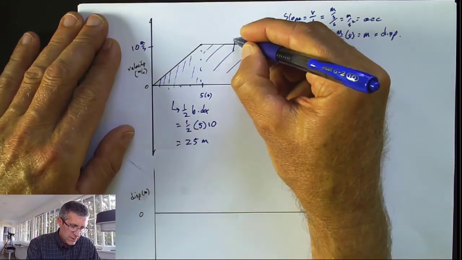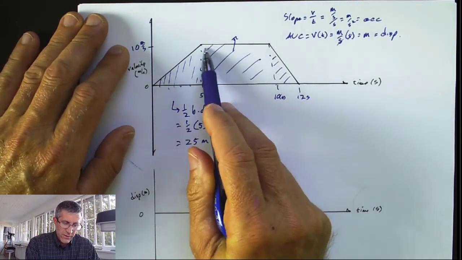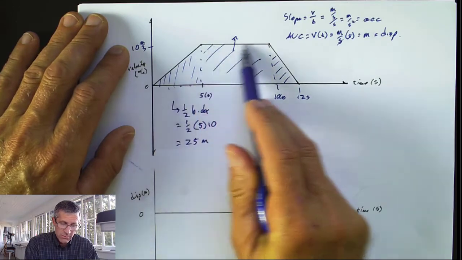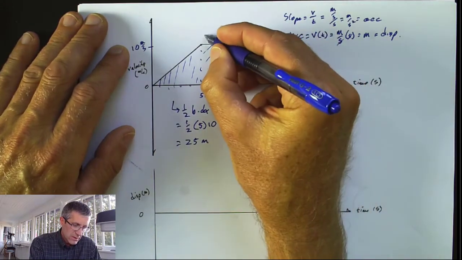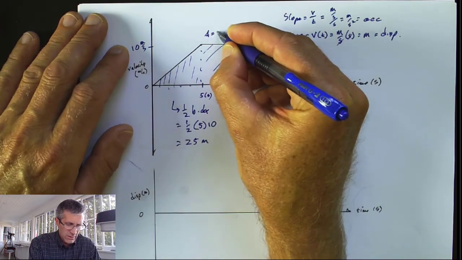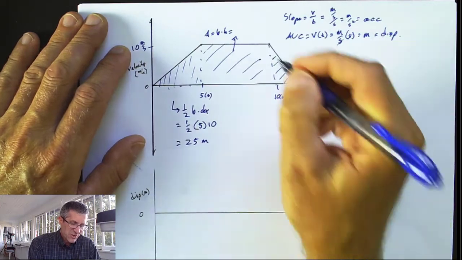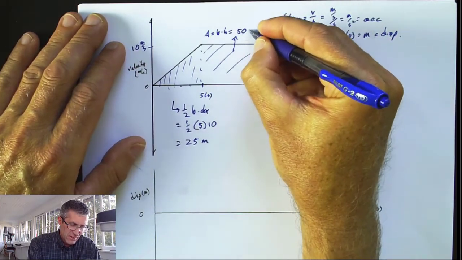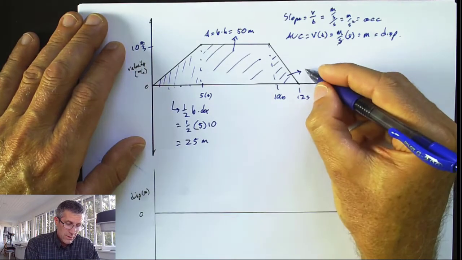In this section here, I want to find the area under this curve. So this is going to be my 10 meters per second times the 5 seconds that I was there. So my area is going to be base times height. Let's call this 5 times 10. It's going to be 50 meters. And my area here, this is a triangle.